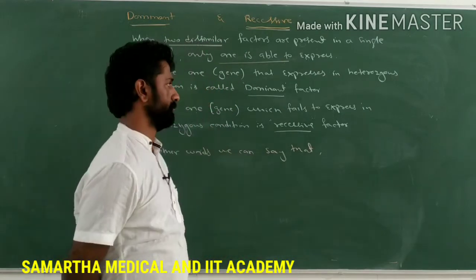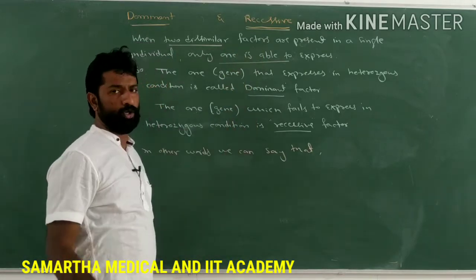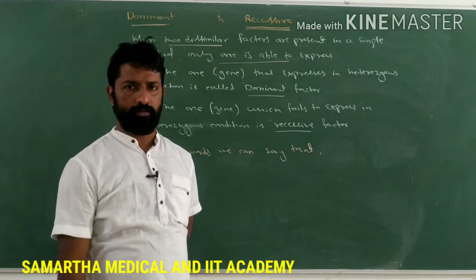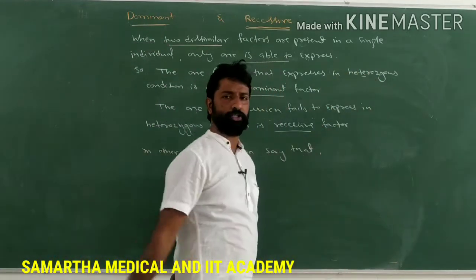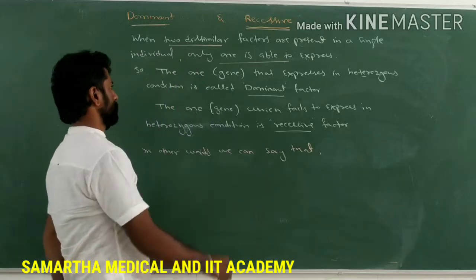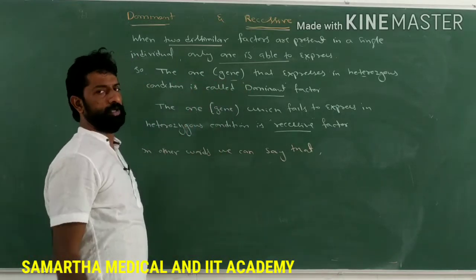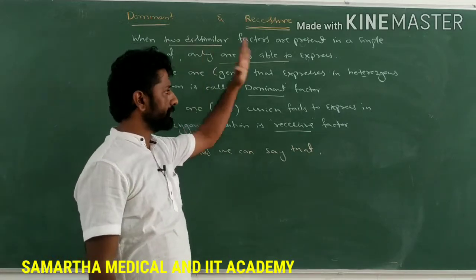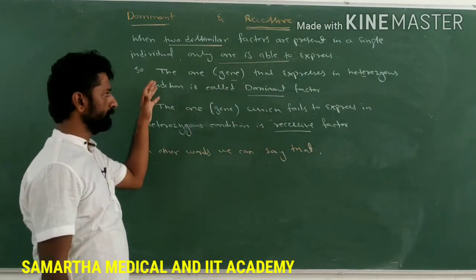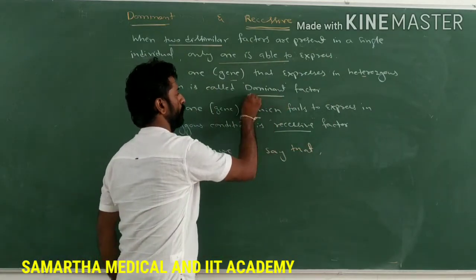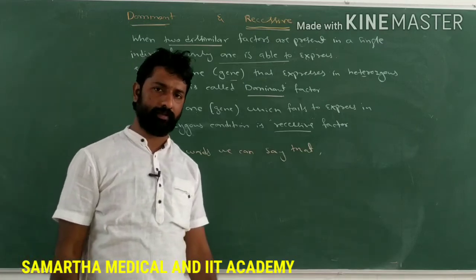How? When two dissimilar factors are present for one character in a single individual, that condition is the heterozygous condition. The one that expresses in the heterozygous condition is called the dominant gene or dominant factor.